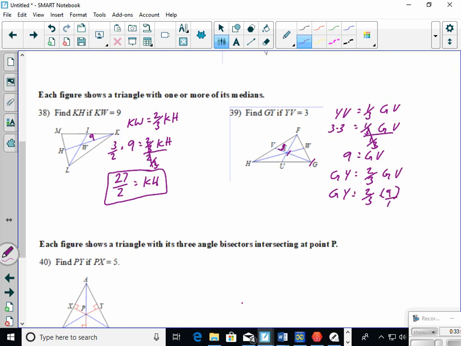If we multiply that out, then we've got that 3 will cancel out and leave us with a 3 above. So GY equals 2 times 3, or 6. Or since GY is 2/3 and YV is 1/3, then we could have really done this easily if we'd have just said 2/3 is just double 1/3, so 3 times 2 would be 6.